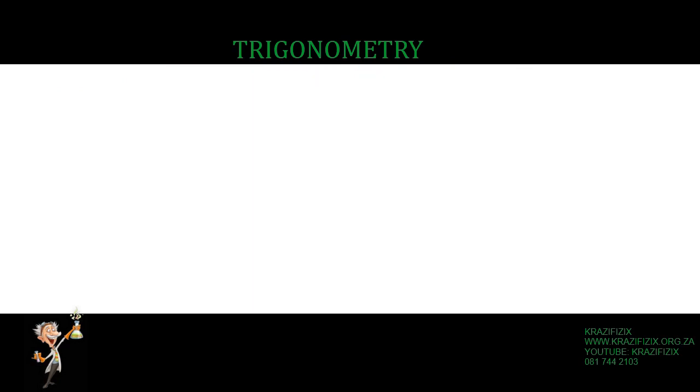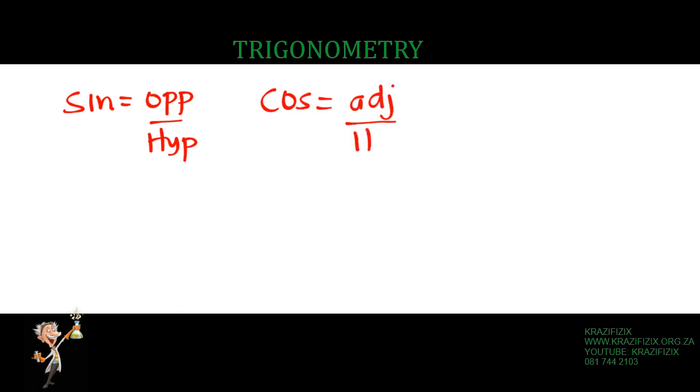I'm just going to write the 3 here. Sine, opposite over hypotenuse. Cos, adjacent over hypotenuse.